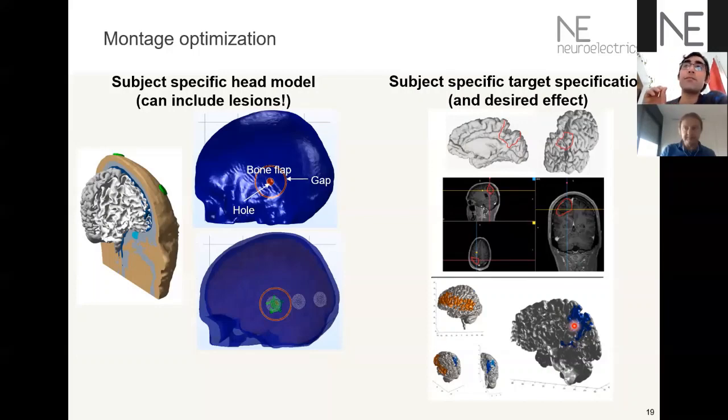And after you have the region, you need to decide what's the mechanism of interaction of the electric field with the neurons and what's the target electric field in that area. So in this study, we used a simple model in which it is the normal component of the electric field that interacts with the neurons. If the normal component of the electric field is pointing into the brain, that will lead to an increase in cortical excitability.